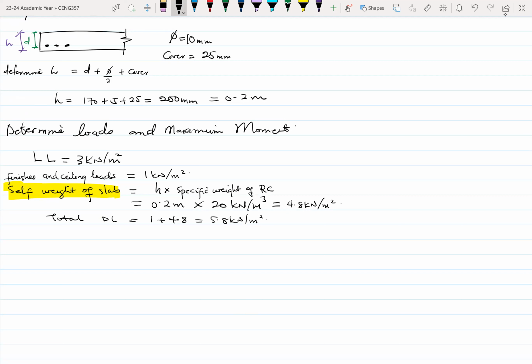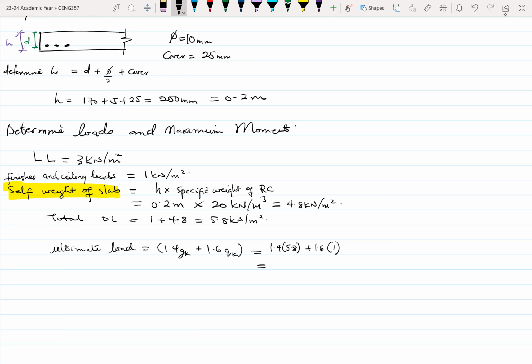Okay, so here let's calculate the ultimate load: 1.4 GK plus 1.6 QK. So this becomes 1.4 times 5.8 plus 1.6 times 1.